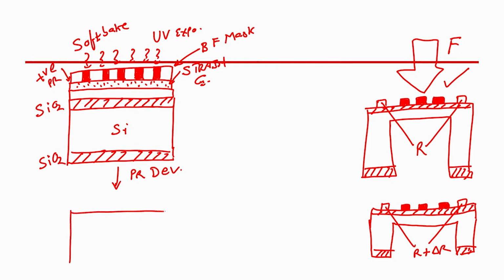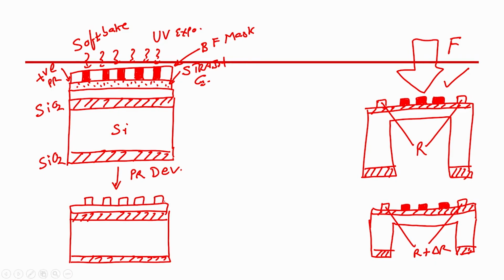I would have my oxidized silicon wafer with my material for strain gauge, and on that I would have photoresist protected where it was unexposed, right.